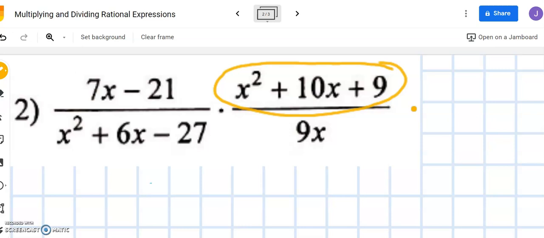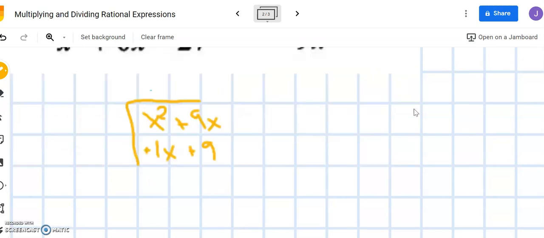All right, so now let's do the same thing for the numerator of the top of the second fraction. We're going to take the plus 10x in the middle and split it into something that multiplies to 9. Of course, 9 times 1 will multiply to 9, so I want a 9x and a 1x in the middle. Then we'll factor everything the same way.